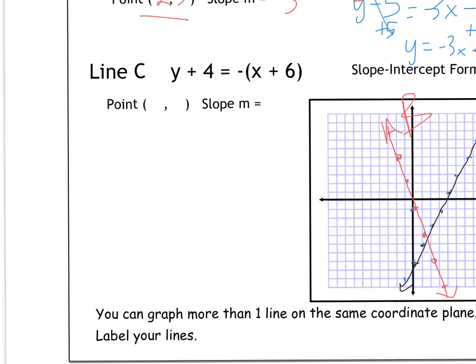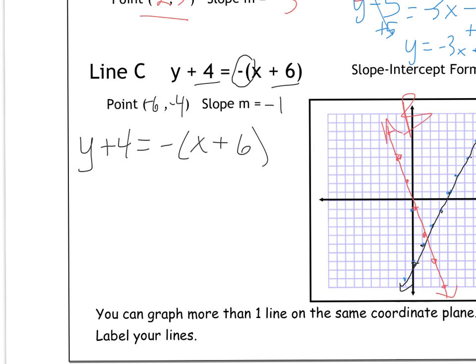On this next one, pull out the point. That's a negative 6, negative 4, opposite of what you see. Ooh, tricky. There's not a one number there, but there's a negative. Slope of negative 1. Or slope-intercept form. We should see how to distribute this negative 1.